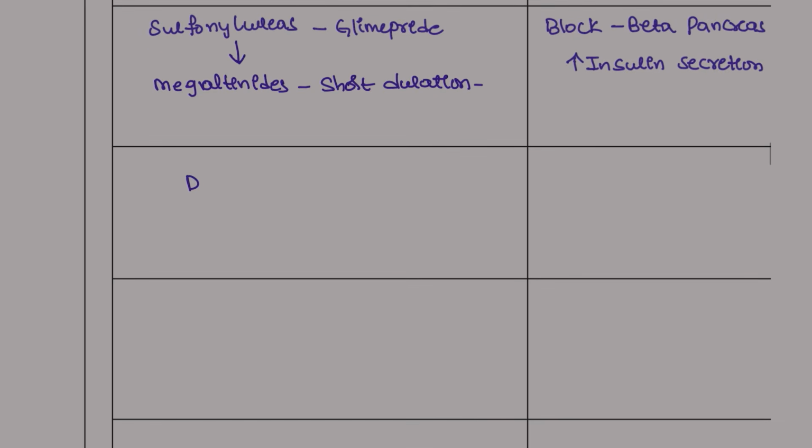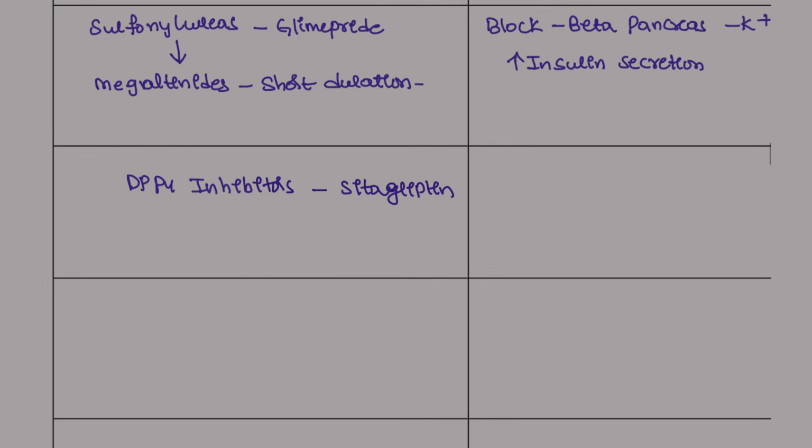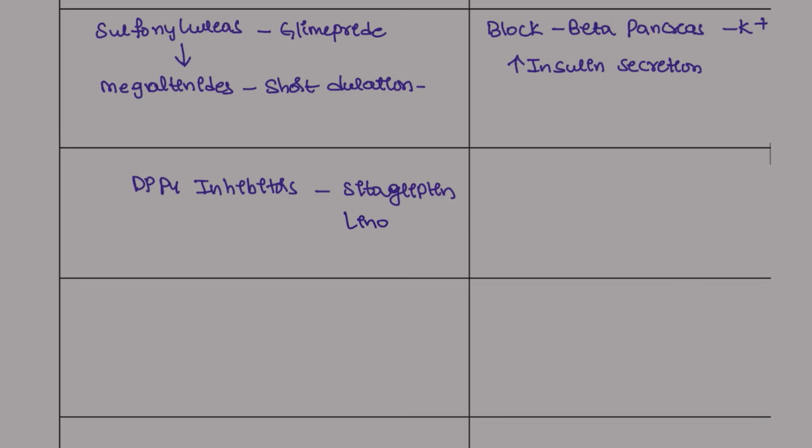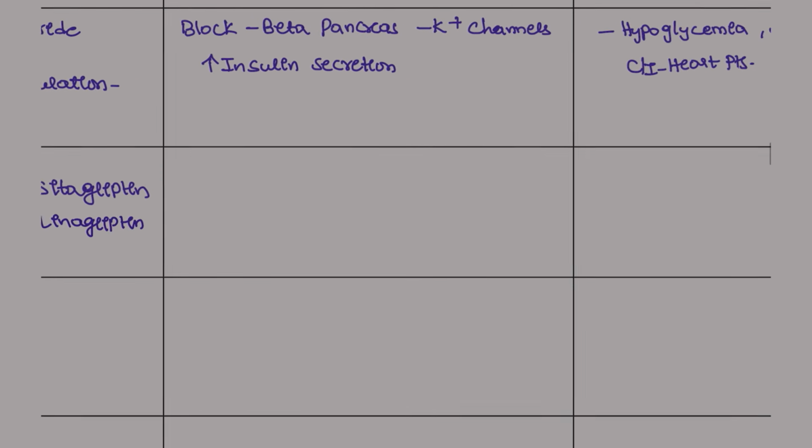Next, DPP4 inhibitors. These drugs end with the gliptins, like sitagliptin, linagliptin. What do all these DPP4 inhibitors do?